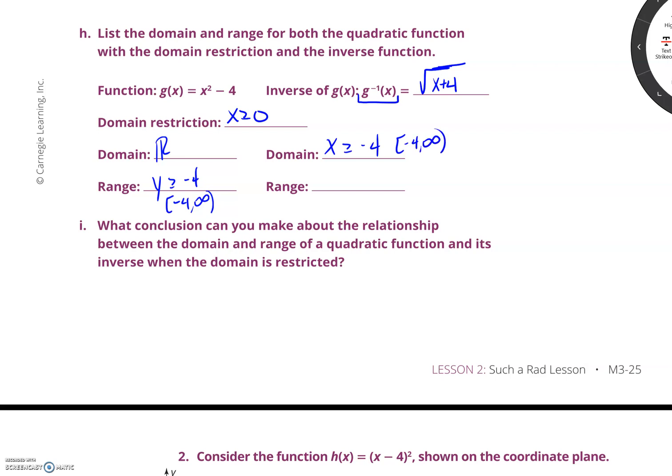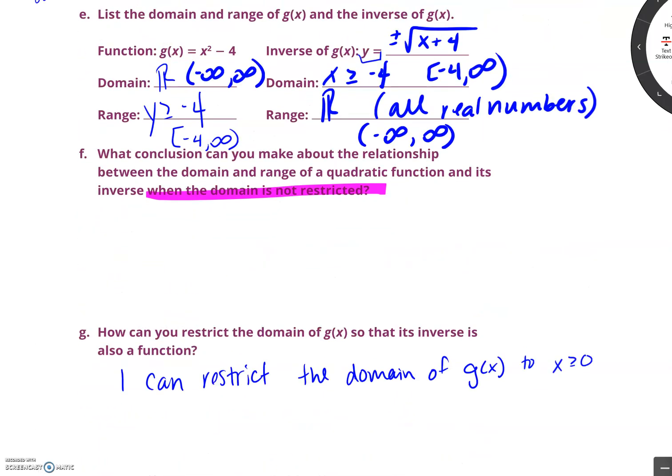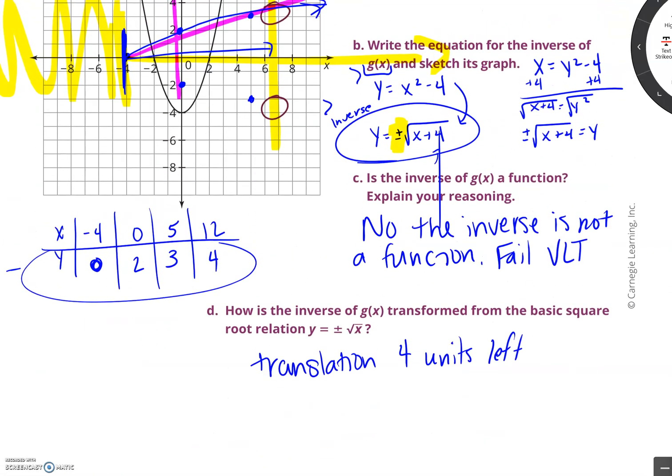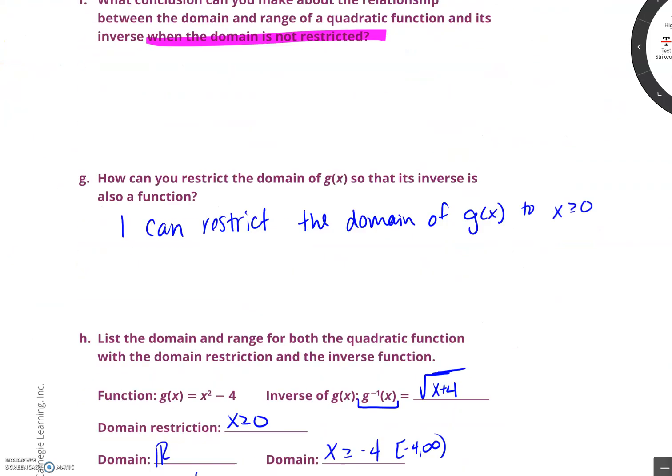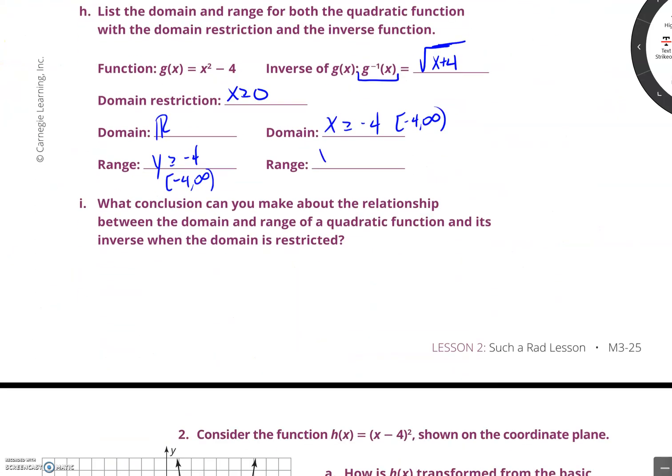But our range now is not going to be all real numbers because it doesn't exist up and down everywhere anymore. It only exists above a y value of 0, or in interval notation, 0 to positive infinity.